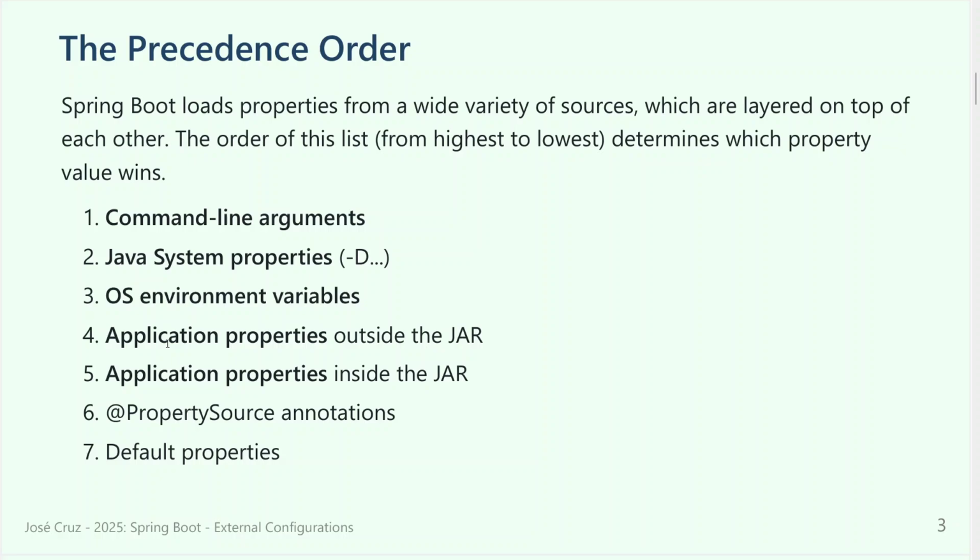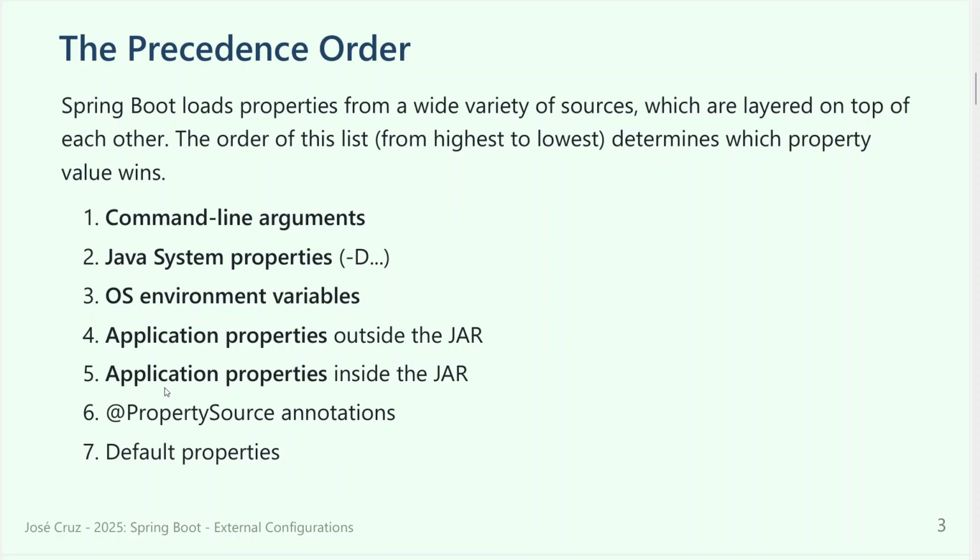Even if you define a property there, but in the command line you provide the same property, the property from the command line will override the one that is inside, because it is already defined. It's not that you redefine the property; if it already exists, Spring Boot will not overwrite it. Maybe it's the best way for you to think about the configurations.